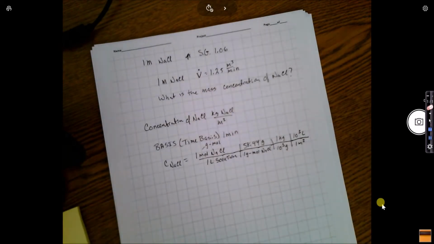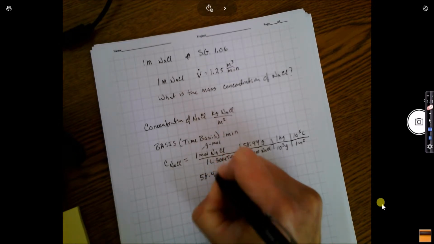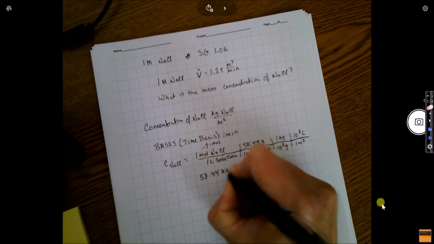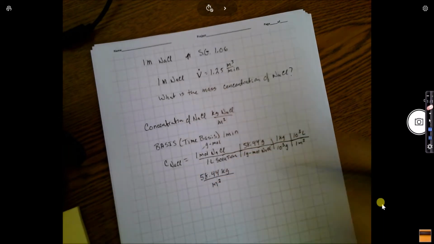All right, so I'm going to plug and chug here. It shouldn't be too complex. And the thousands cancel. So you have 58.44 kilograms in a cubic meter.